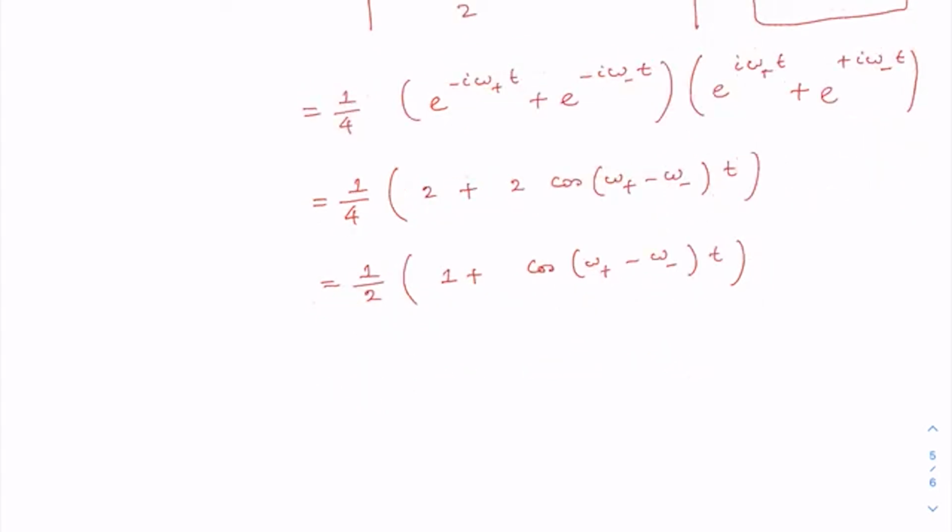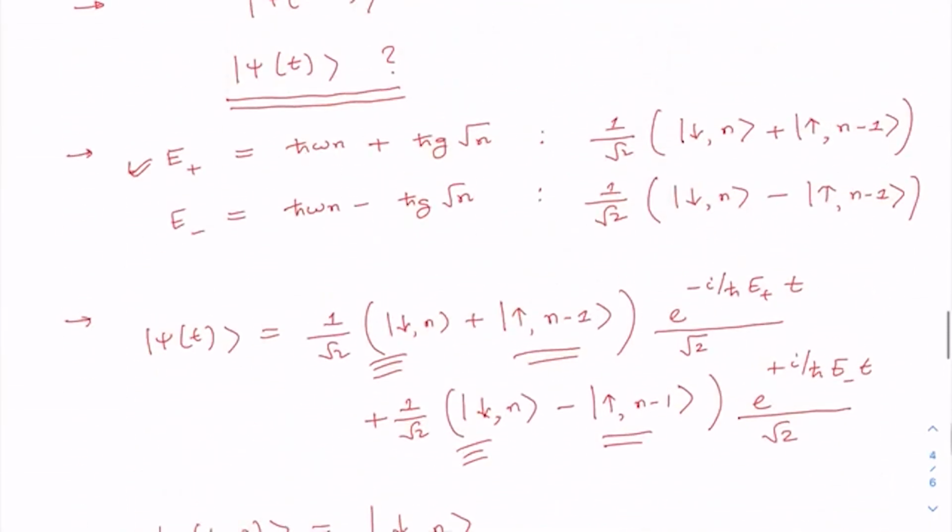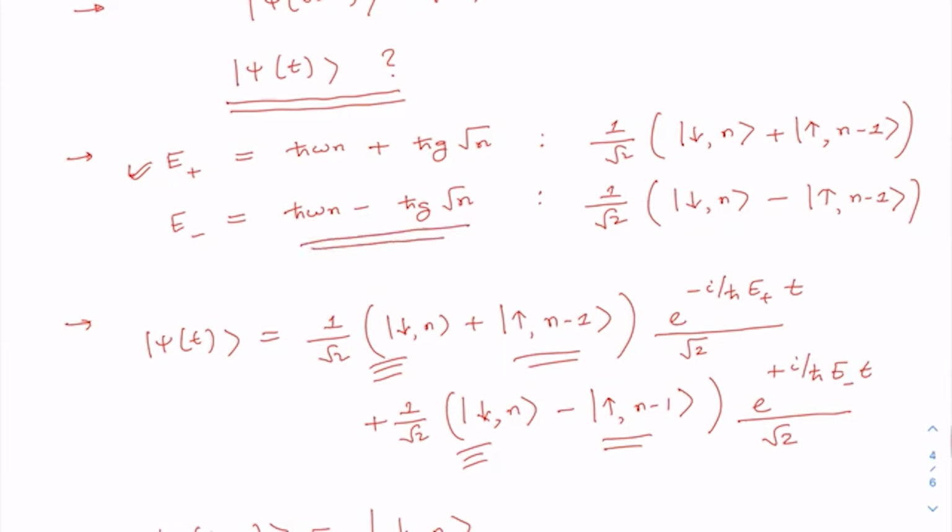Now you know that ω+ − ω− is nothing but (E+ − E−)/ħ, and that is equal to, because we have already this expression, you just have to take the difference.